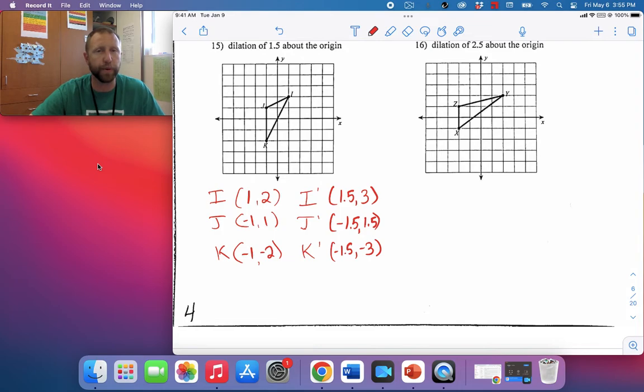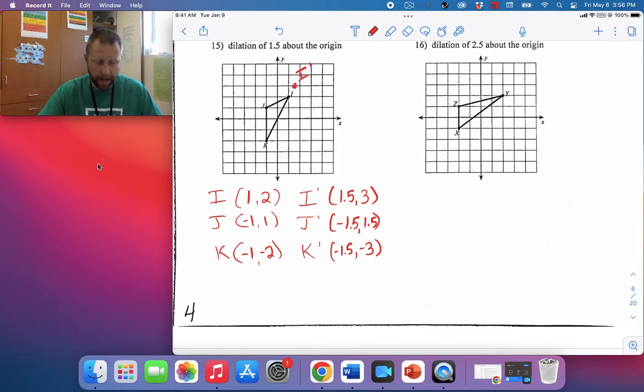And then just graph those points. I prime is 1.5 comma 3, so you go over 1.5 and then up 3. Right there would be I prime. Let's put a point there.